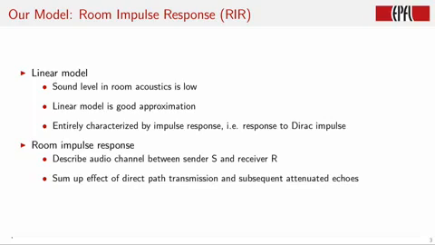From what we have just learned in class, a linear time-invariant system is entirely characterized by its impulse response, by definition, the response of the system to an impulse signal. We introduce by analogy the concept of a room impulse response that describes the audio channel between a sender S and the receiver R. The room impulse response simply sums up the direct path transmission and the subsequent attenuated echoes.